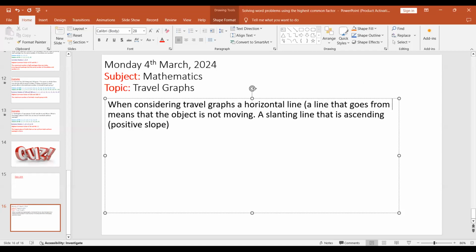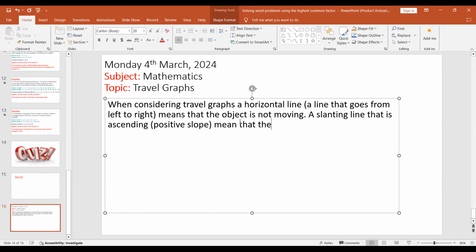That means that the object is not moving, so the object is at rest. A slanting line that has a positive slope means that the object is moving at a constant speed.